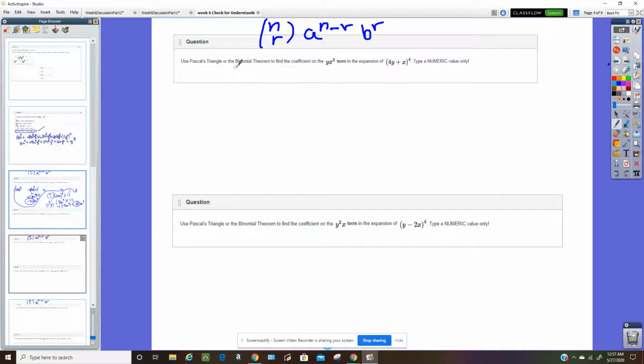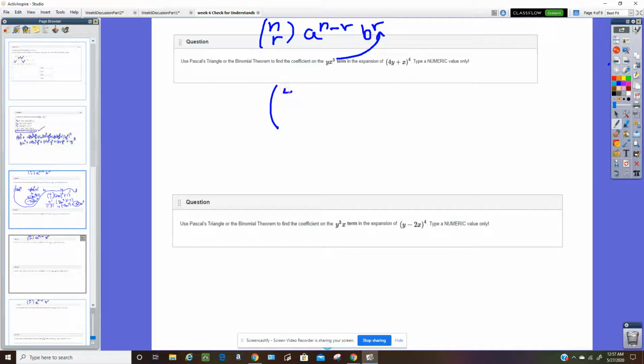So the next one is you want to find the coefficient of y x cubed in this expansion. So if I'm looking at my x value is ascending, and this is going to be the same as my r here. 3 is my r value, and my n value is 4.